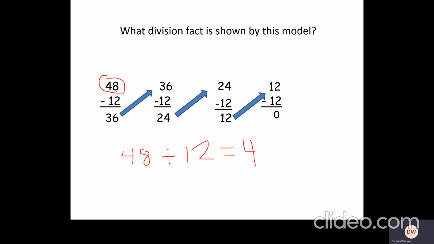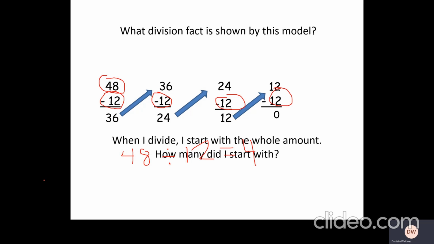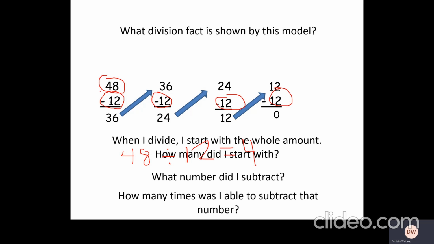How many 12s was I able to take from 48? I could take 12 1, 2, 3, 4 times. So it gave me 48 divided by 12. When I divide, I start with the whole number. I started with 48. I subtracted 12. I was able to subtract that number 4 times. The math fact shown is 48 divided by 12 equals 4.